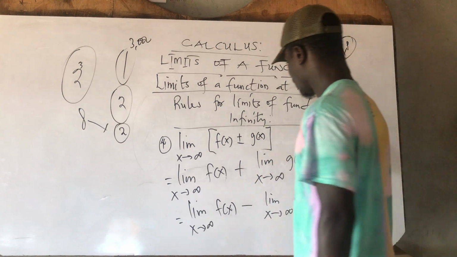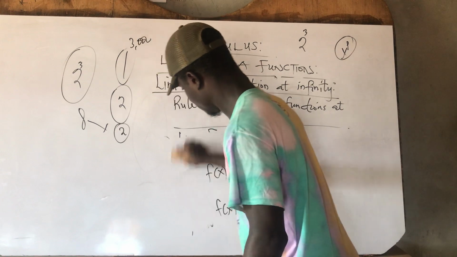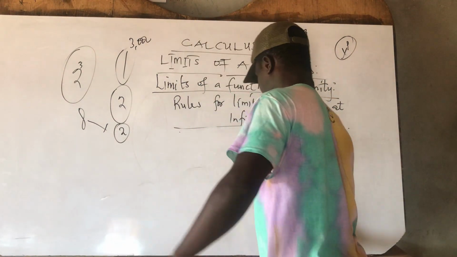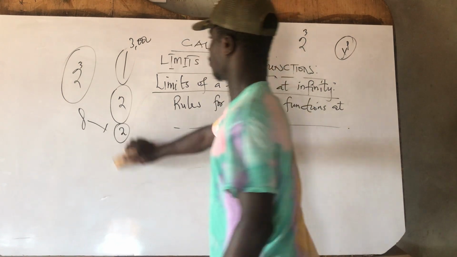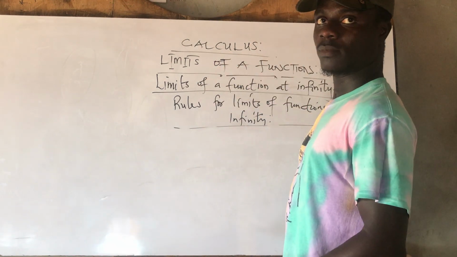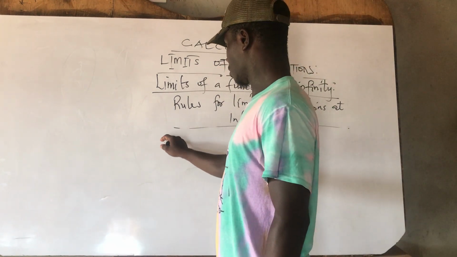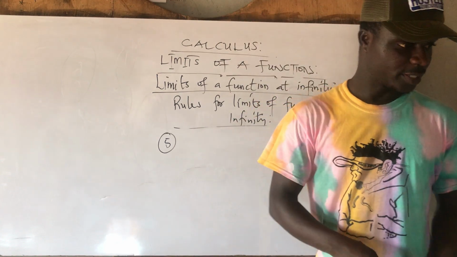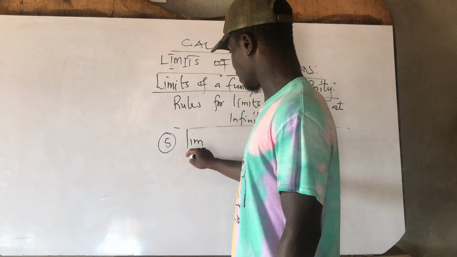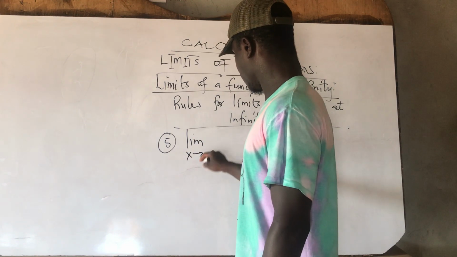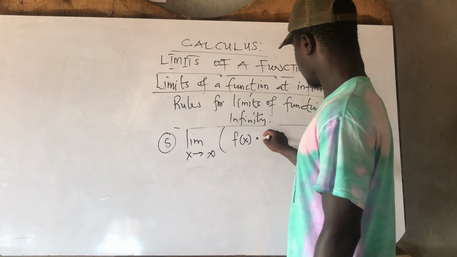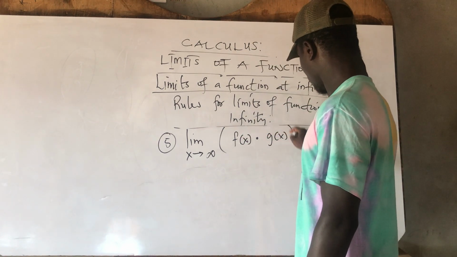Let's see rule 5. It says the limit as x approaches infinity of f of x times g of x.